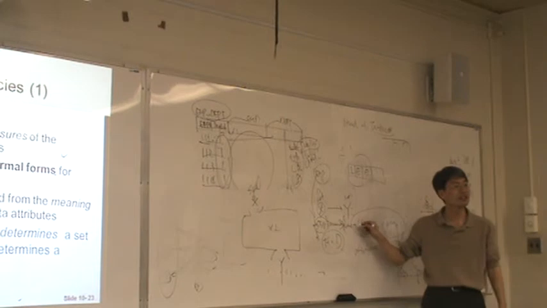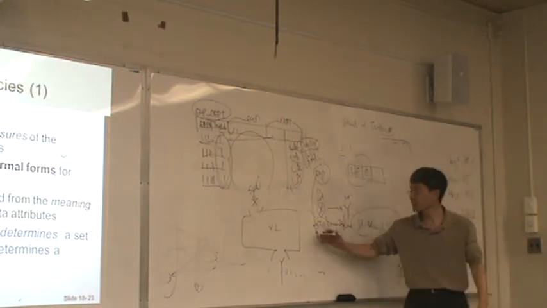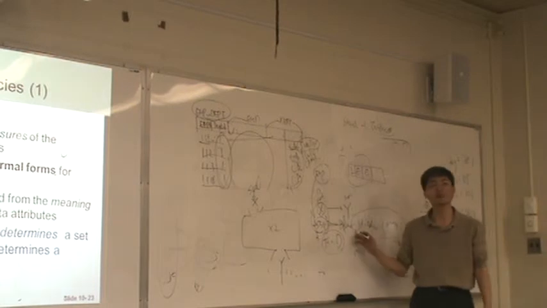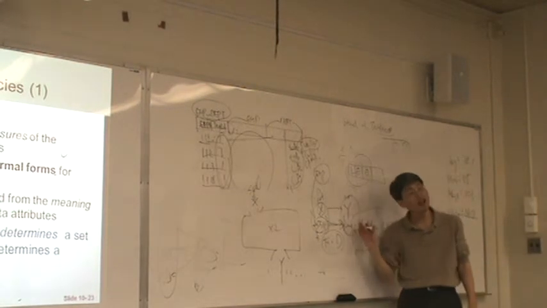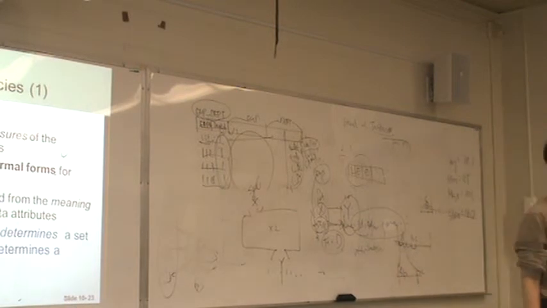Y is a set of attributes. So, a set of attributes determines a set of attributes. That is called functional dependence. So, the first thing we are going to identify is functional dependency. Then we can say functional dependency is the same as what? Meaning or semantics or table.